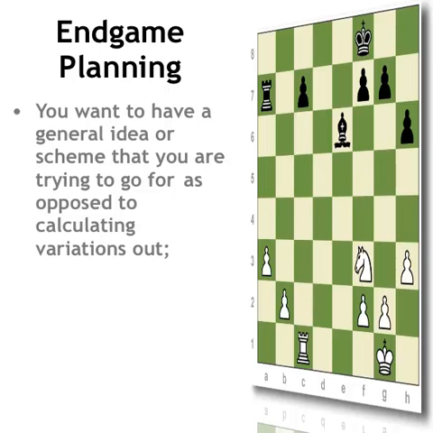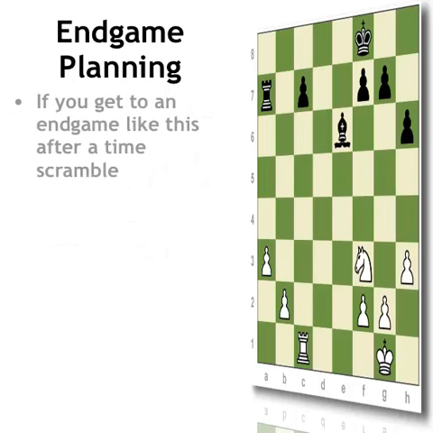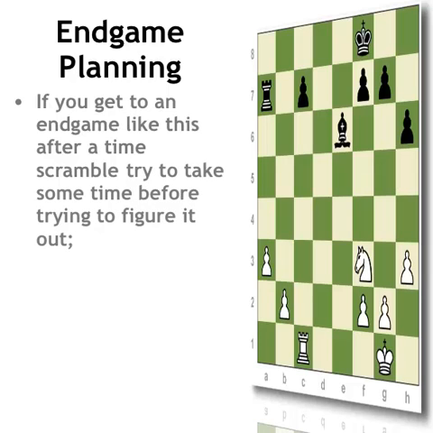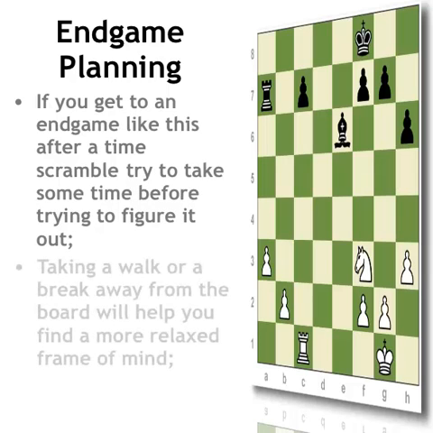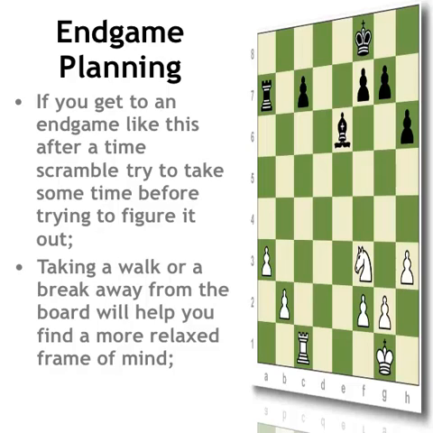So I can give you some practical advice. Let's say you were in a time scramble and you got to an endgame like that. Rather than try to figure it out right away, I recommend you take a break, go for maybe a little walk, get some fruit, just relax. And when you come back to the board, you should have a totally different frame of mind.